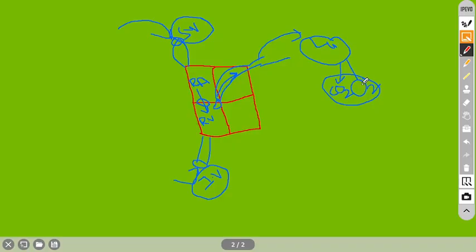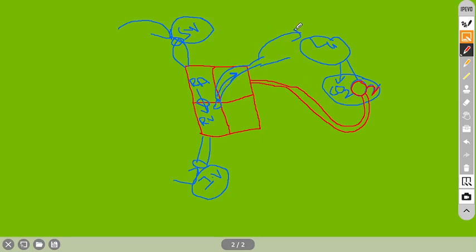Then this O2 is transferred by what is called the pulmonary vein.